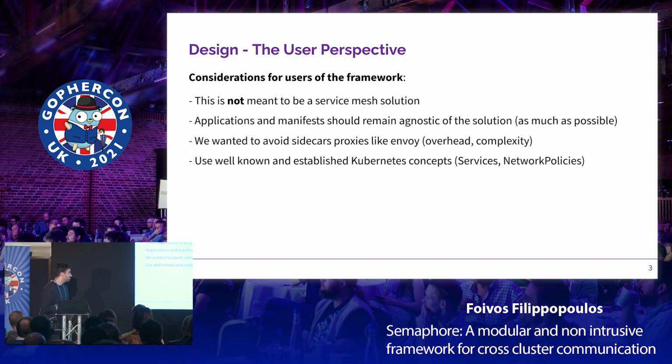Ideally, we don't want anyone to change many things in order to use the solution. If I have a manifest that I deploy somewhere and it works, I want to keep using the same manifest with minimal changes and send my traffic to something that runs in a different Kubernetes cluster.